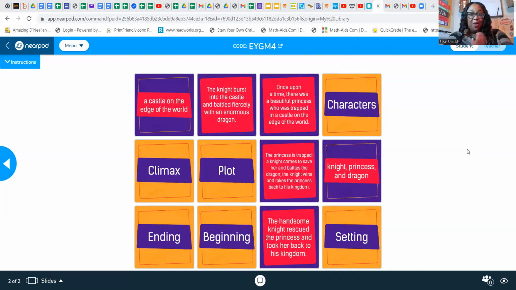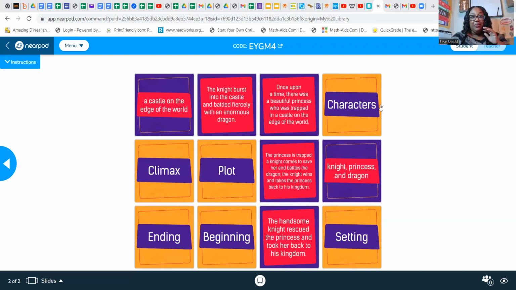Well, we have a story we have to put in order from exposition all the way to the resolution. So we're going to read the red boxes, which is the story, and then we're going to match up all of the plot structure definitions with the part of the story that it represents.